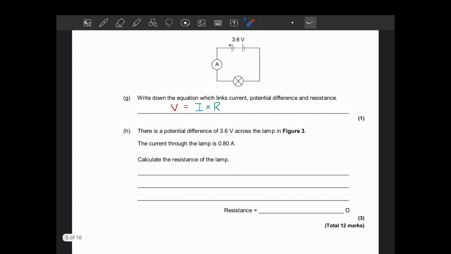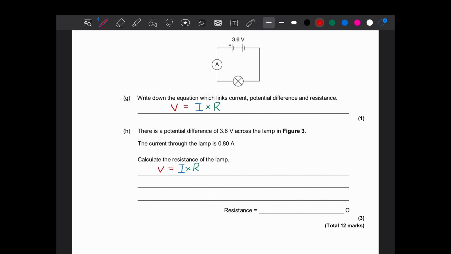Moving on, we're going to calculate the resistance of the lamp. So the safest way to do this is really by substituting numbers into the equation, because you often get a mark for substitution and not rearrangement for these lower mark questions.